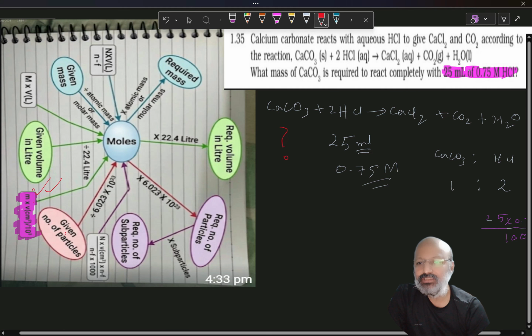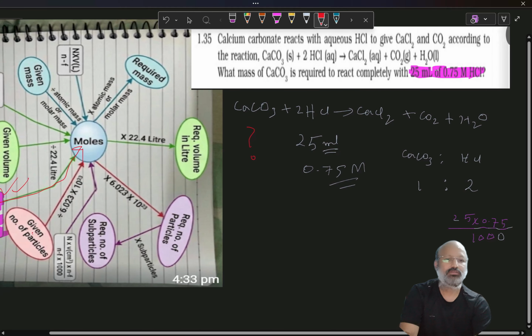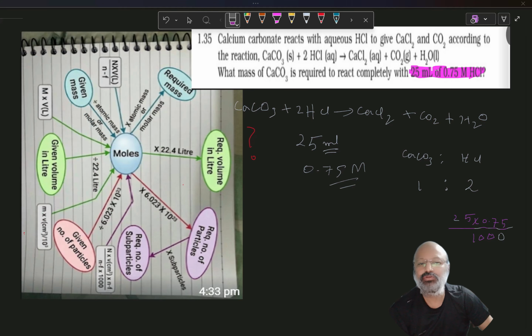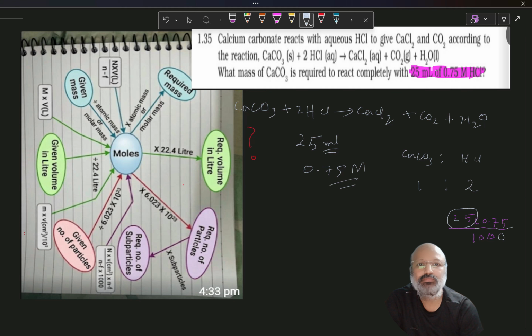Now, my journey is from this point to that point. So I am now multiplying this 25, that is the volume. You can see the volume of HCl I have taken here. This is the volume of HCl, and volume is here.